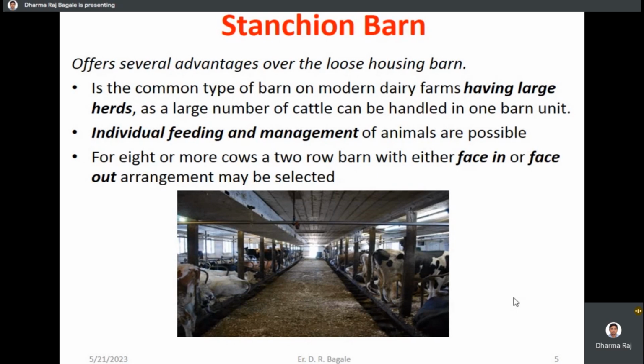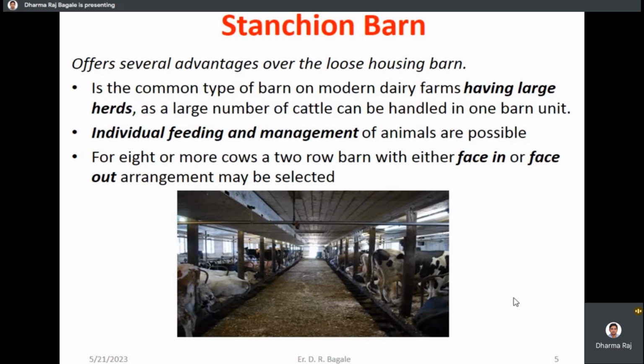Cows are faced outward, so the tails are inside, and in the middle of these two rows you can see the manure alley from where we can collect the manure. This system is more preferable for milk animals, because most of the activities in a cow farm, such as milking or cleaning, are usually done from the rear part of the animal.